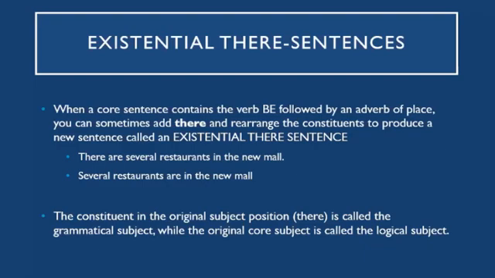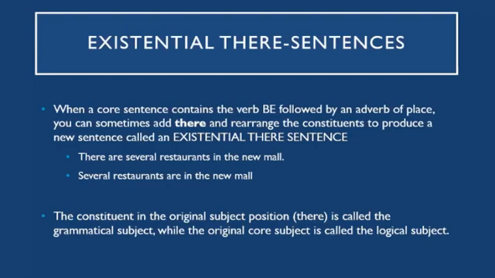is what we call an expletive. Let's finish here. When a core sentence contains the verb be followed by an adverb of place, you can sometimes add there and rearrange the constituents to produce a new sentence called an existential there sentence. This is what we call it. The constituent in the original subject position, there, is called the grammatical subject, while the original core subject is called the logical subject.